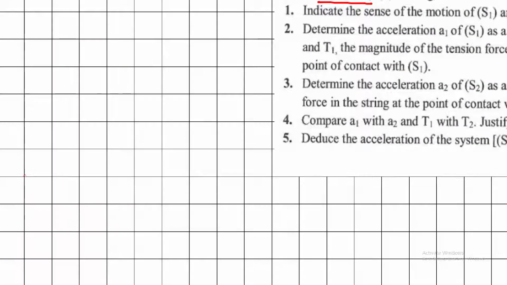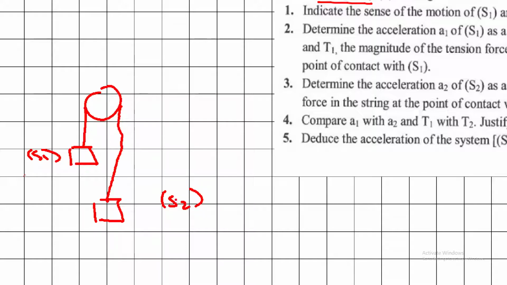Suppose here we have a pulley, and here we have a solid S1, and we have a solid S2, and we are asked to indicate with a justification in which direction the pulley will rotate.